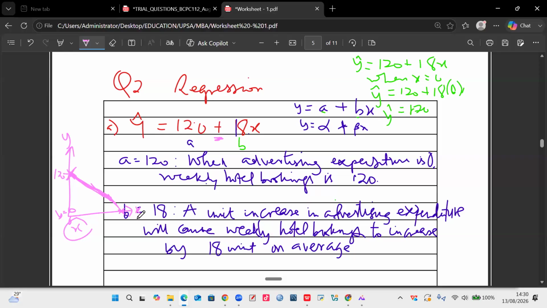It means x must be 0, because when I'm plotting on the graph, I need two coordinates to plot the point, the 120 on the graph, which the curve would intercept. And 120 is already on the y-axis, isn't it? We always need two coordinates to plot a graph. We need x and y. So if the y is 120, what is the x? The x should be 0, so that the curve, when I draw it, will touch the y-axis.